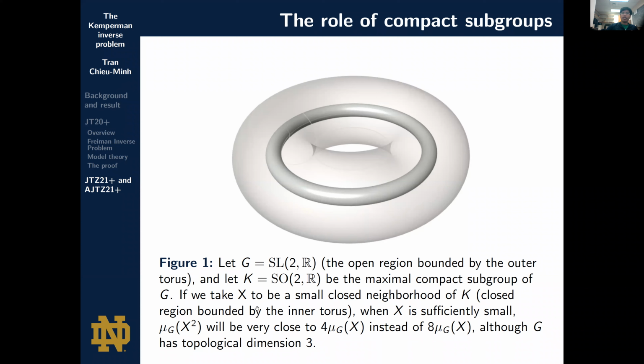If you choose X to be a small neighborhood of this circle at the center, you can show that the expansion is roughly 4. You will see that there's an overlapping again when it's compact, and the compact dimension doesn't contribute anything to the expansion. So over here it's just 4 instead of 8. 4 is 2 squared, and 8 is 2 cubed, since it has topological dimension 3.